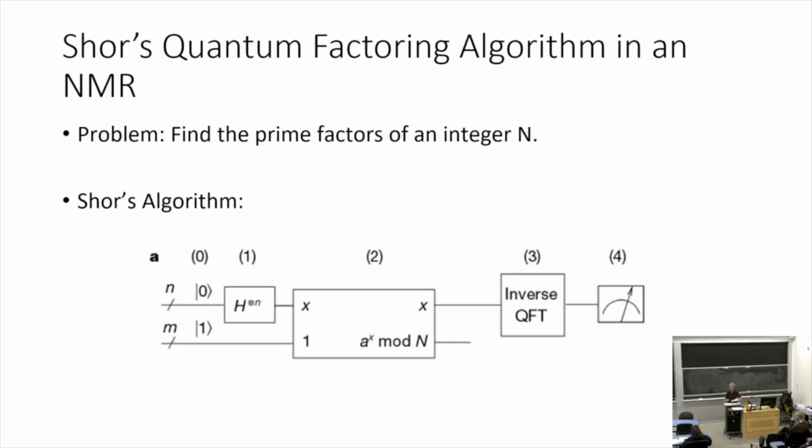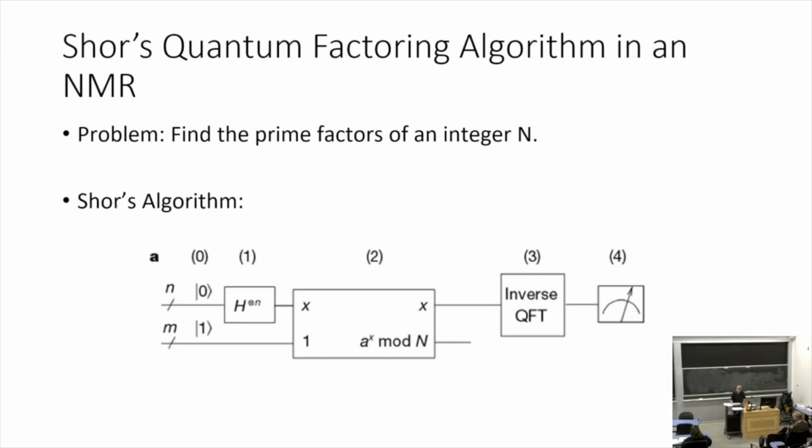So for n equals 15, we can pick a equals 2, 7, 8, or 13, and we find that a to the 4th mod 15 equals 1.